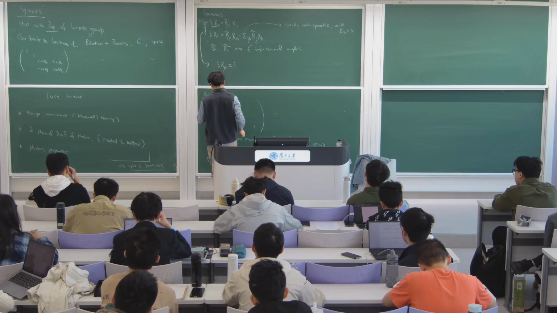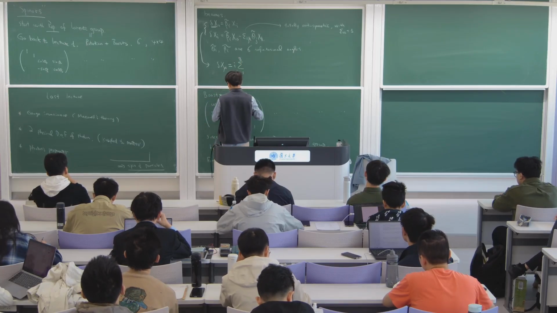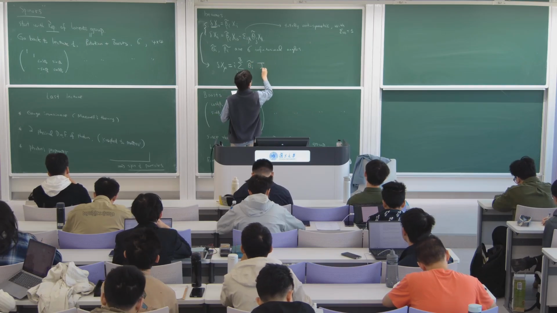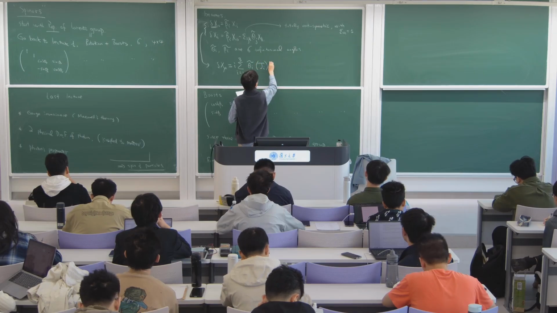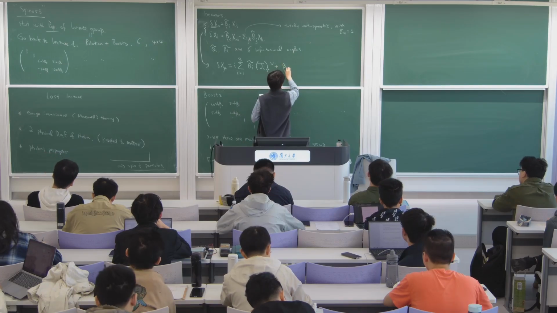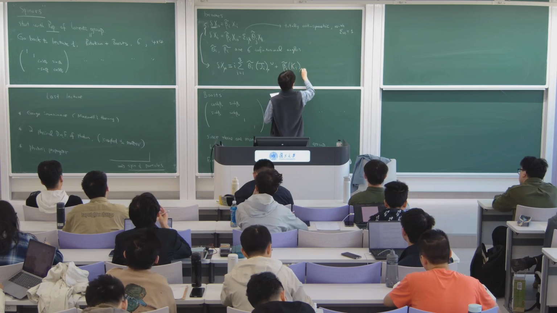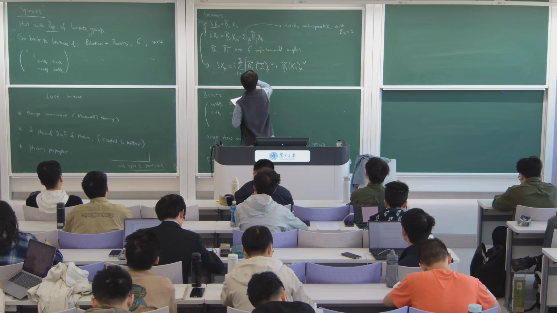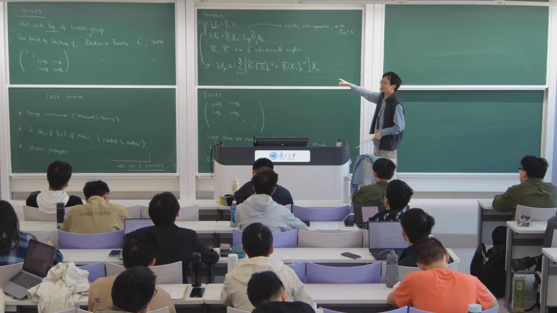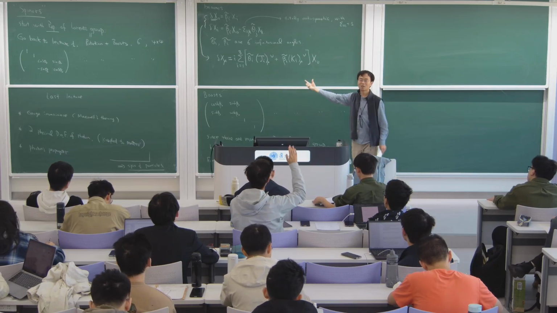Delta x mu equals i sum from 1 to 3 of theta i J i mu plus beta tilde K i mu, acting on x mu. Okay, I just rewrite it in a more elegant way, in a matrix.